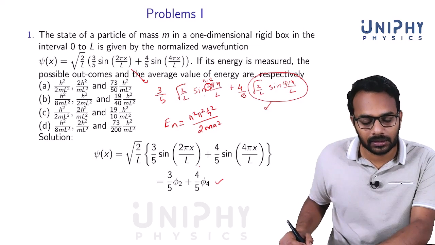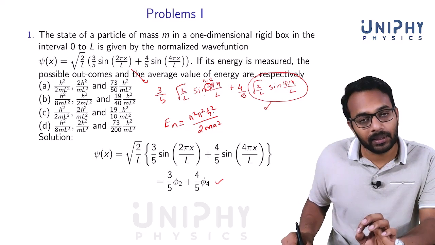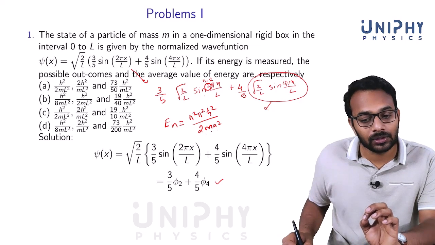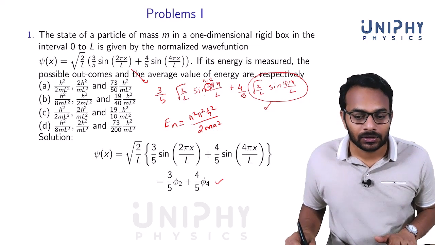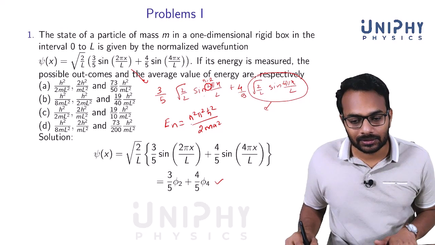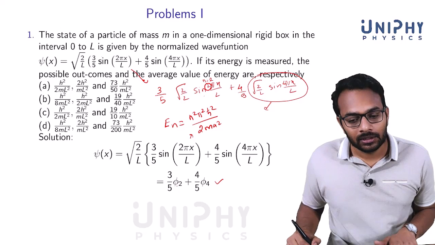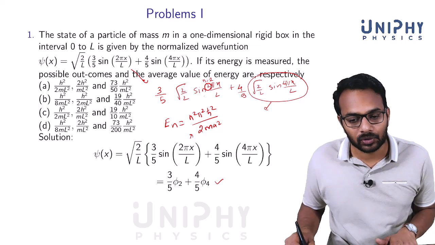You have to remember that. So these are the possible energy values. When you make a measurement, what you get is an energy eigenvalue. So if you know n, you can find the energy using this formula. Alright, so corresponding to phi 2, the energy is the energy corresponding to n equal to 2.